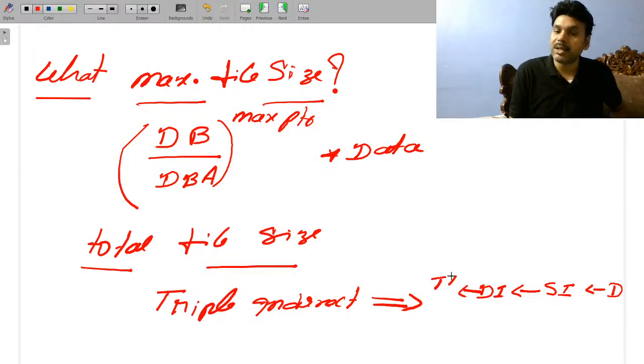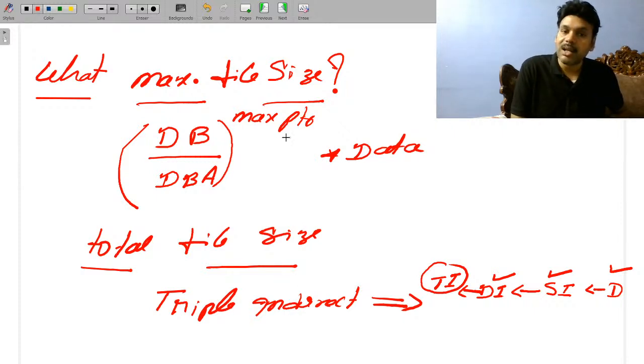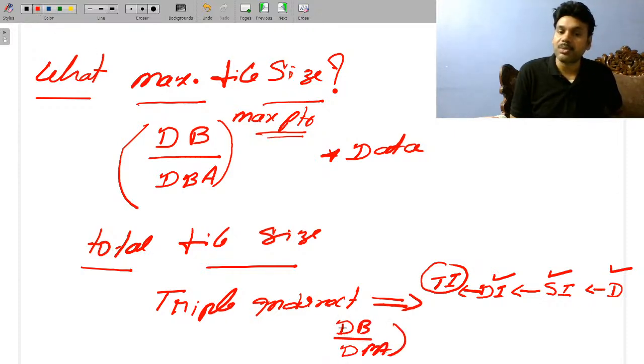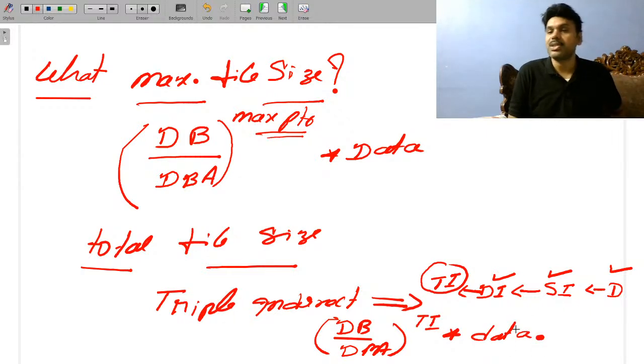Finally, triple indirect covers single indirect as well as double indirect. My highest level is triple only. So I will say that my maximum pointer is triple. So friends, you see how many addresses you are able to store into triple indirect, and this is the maximum file you can store.